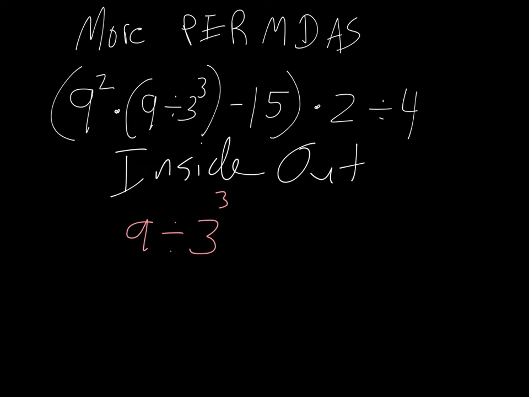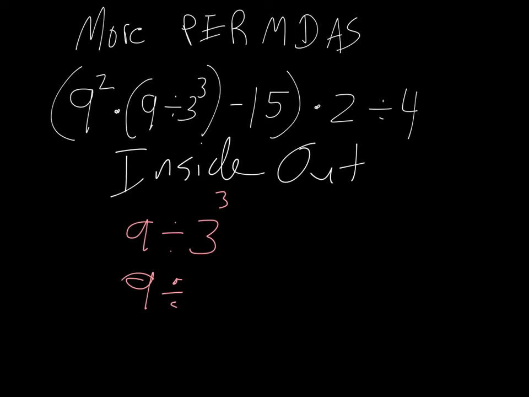So instead of saying, oh, I know what that is in my head, which you may or may not, I still look at PEMDAS and ask, are there more parentheses? No. Are there more exponents? Yes. So I do exponents first, and I say 9 divided by 3 to the third power.